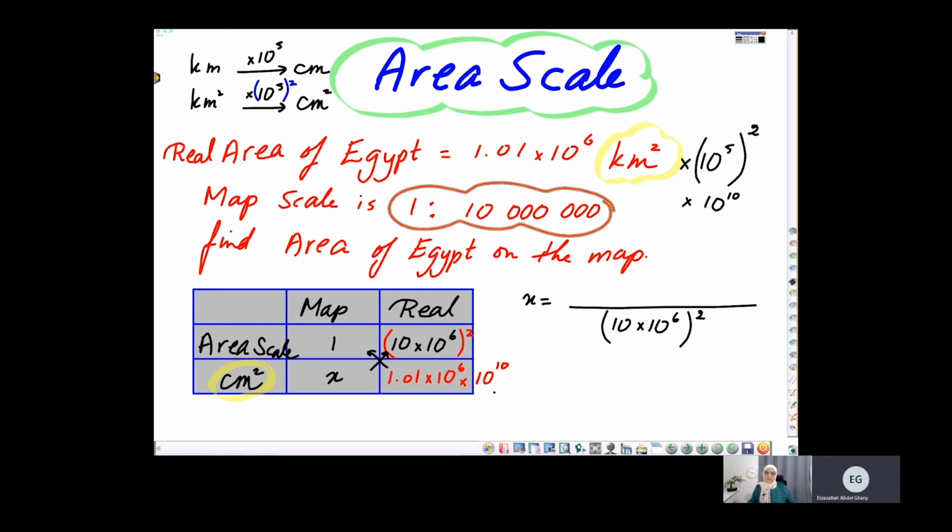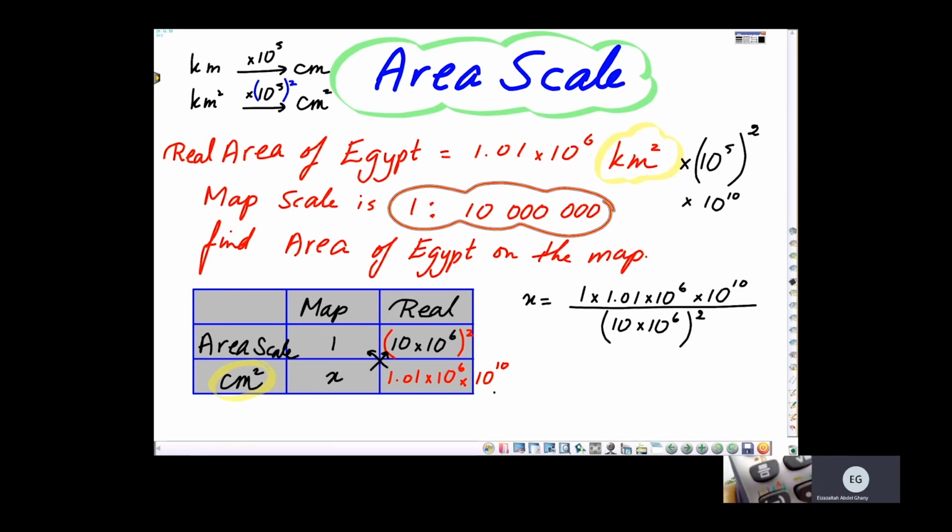Yes, it's not a map scale, it's an area scale. Okay, what shall we write up? It is 1, usually 1. We might not write it, of course, no need to write it, it's useless in multiplication. 1.01 multiplied by 10 to the power of 6 multiplied by 10 to the power of 10. Be careful, everybody. We spoke yesterday about there is a button in the calculator which looks like a box above a box.